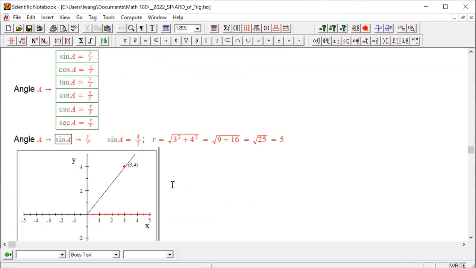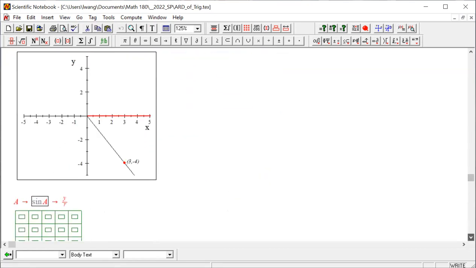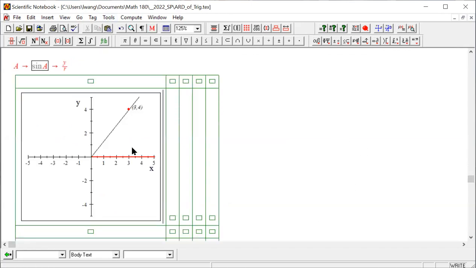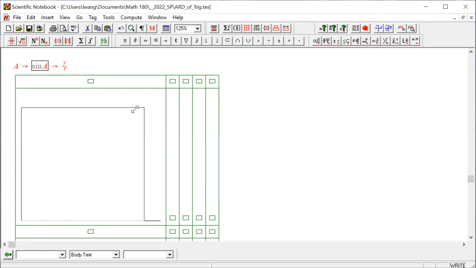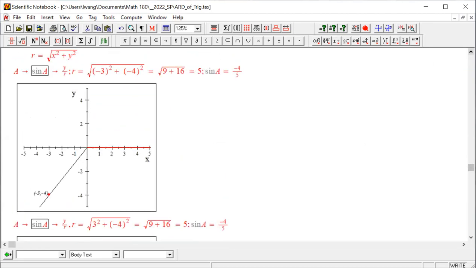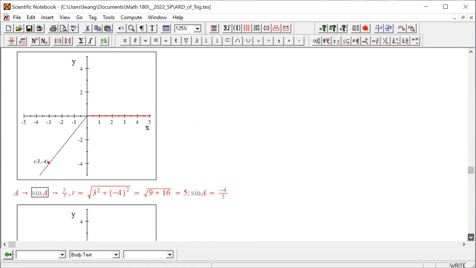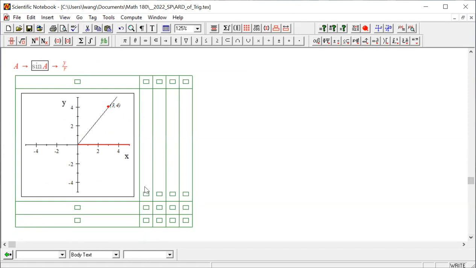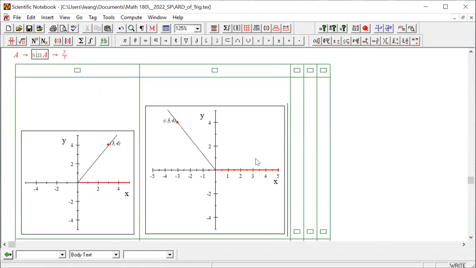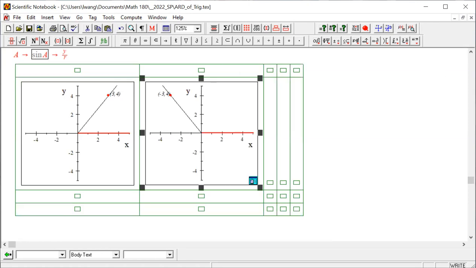In the first quadrant, I encourage you to do these summaries. Second quadrant.